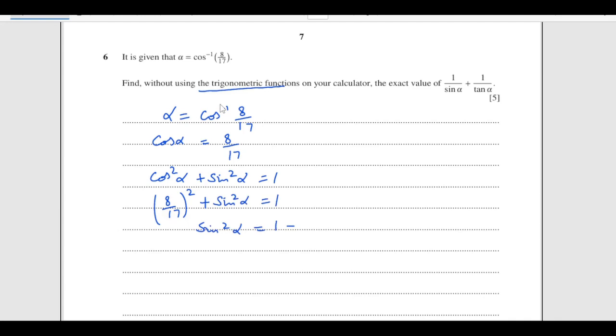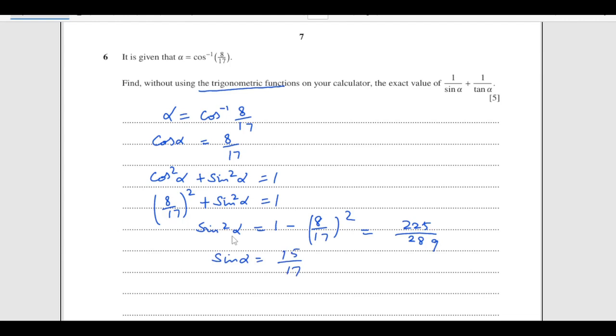Cos squared alpha is 8 over 17 to the power 2, then plus sine squared alpha equals 1, so sine squared alpha is equal to 1 minus 8 over 17 squared. This comes out to be 225 over 289, right? So sine alpha is going to be the square root of that, that is 15 over 17.